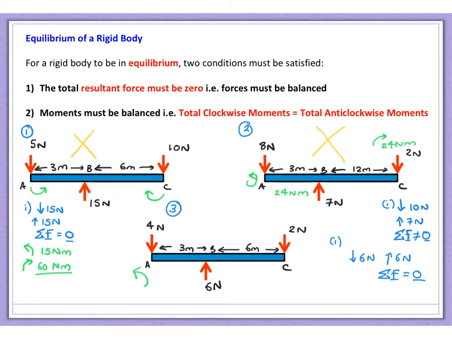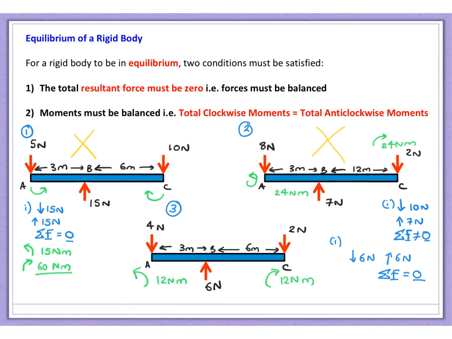There's an anti-clockwise moment about point B produced by the 4 Newton force at A. It's 4 multiplied by 3, which is 12 Newton meters. Now there's a clockwise moment produced by the 2 Newton force at C. The magnitude of this clockwise moment about the point B is 2 multiplied by 6, which is also 12 Newton meters.